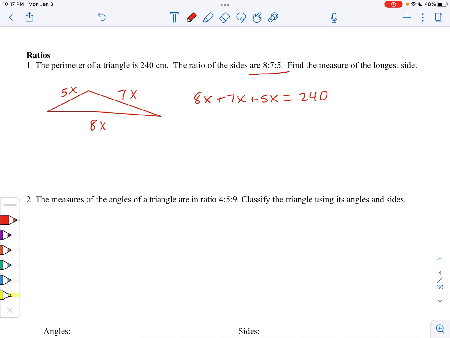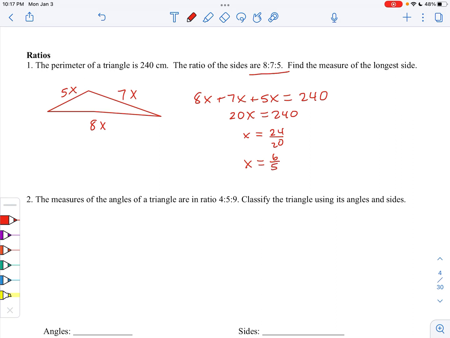And so I'm going to go ahead and add that up, and I get 20x. Let's see, did I add that right? I did. Okay, so we get 20x. And now we get 24/20ths, which is, let's see, I could divide by 4, 6/5. So my scale factor is 6/5.